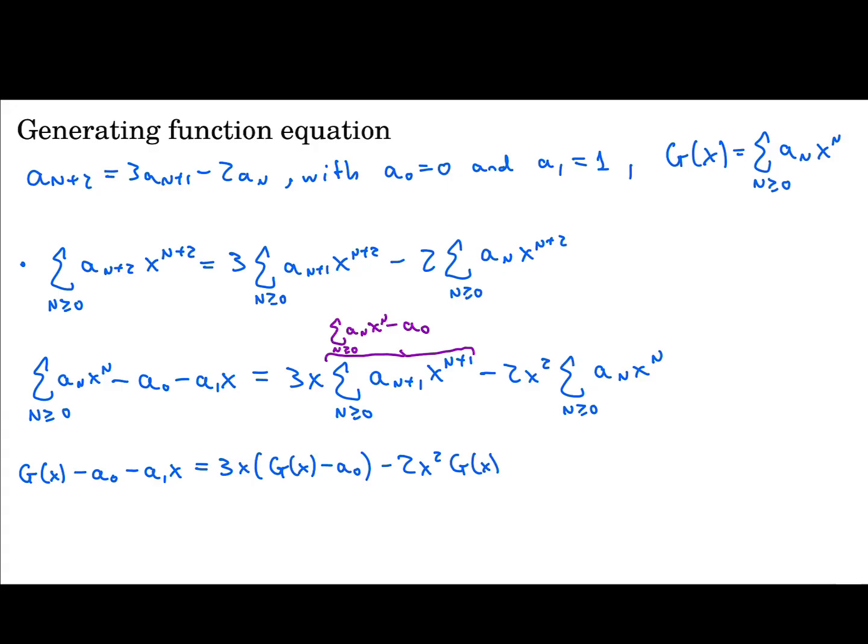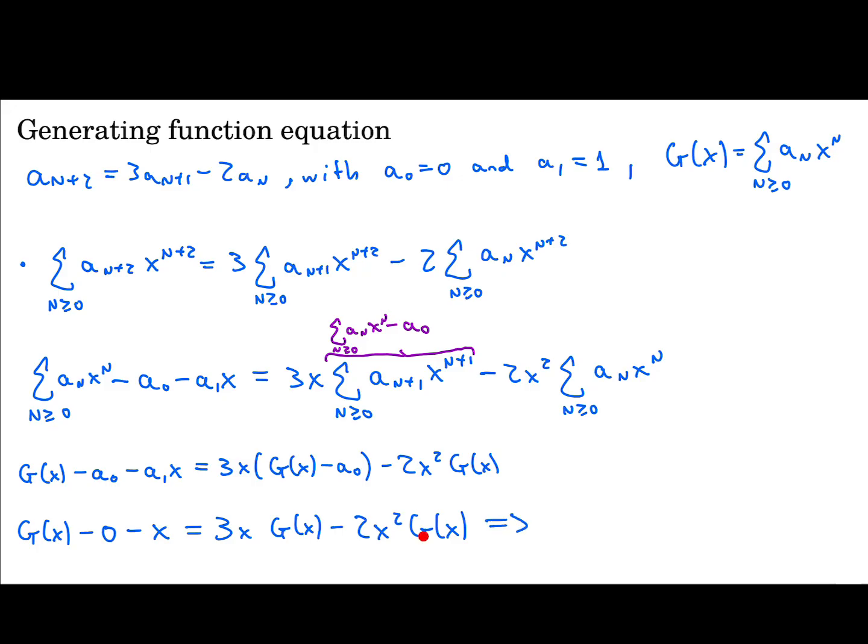And when we do that, we obtain g of x minus 0 minus 1 times x, so minus x, is equal to 3x times (g of x minus 0), so just g of x, minus 2x squared g of x. And now you just need to solve this for g of x.